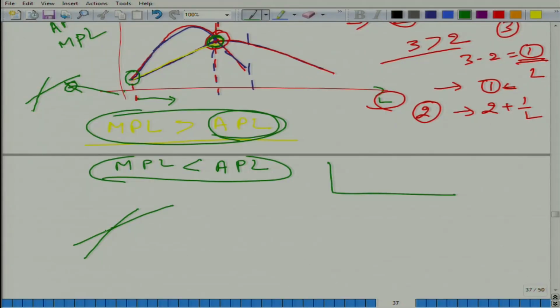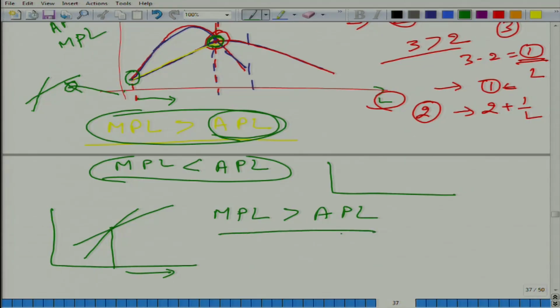Okay, here it's cutting from below. What's happening here is that beyond this point, MPL is above APL. So, what will be its impact? We have just discussed that APL will increase.